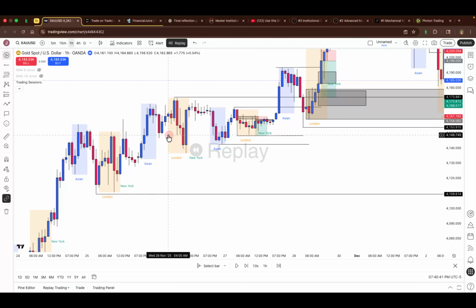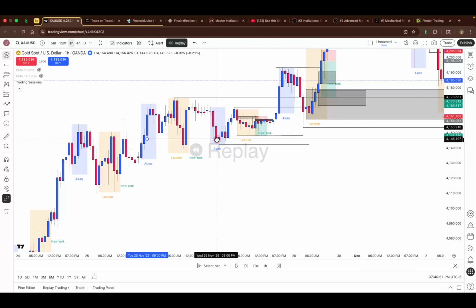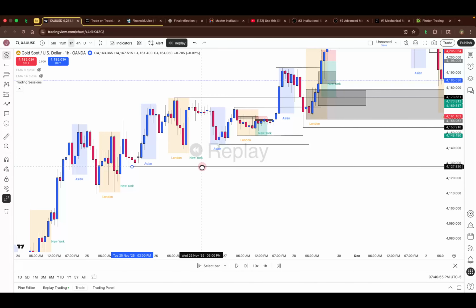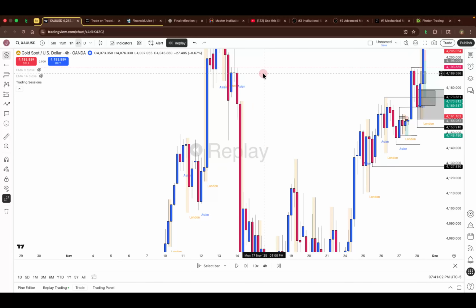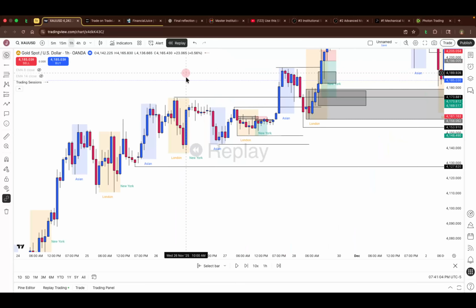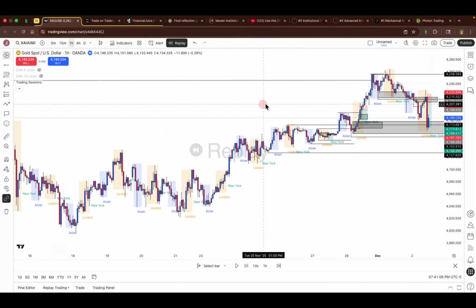Break this one, this is the lowest point. I would say this, however, I do want to say this range. This is our range, because this is just too tight of a range. I'm not liking how tight of a range that is, so I do want to say this is the range we're trading in right here.